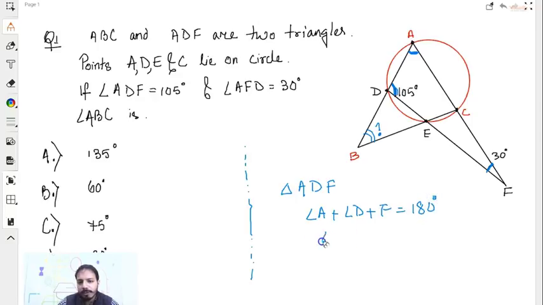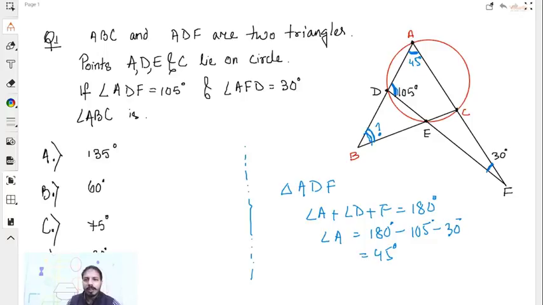So angle A is equal to 180 minus 105 minus 30. What will you get here? You'll get 45 degrees. So this angle you got as 45. Now what? Now how will you find it? Now you need to find this angle.